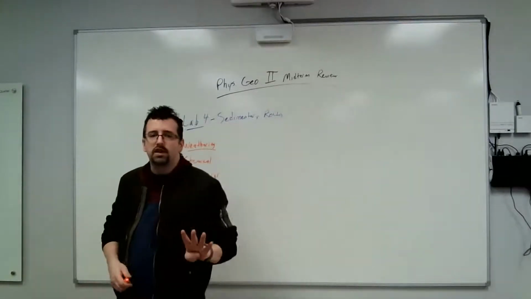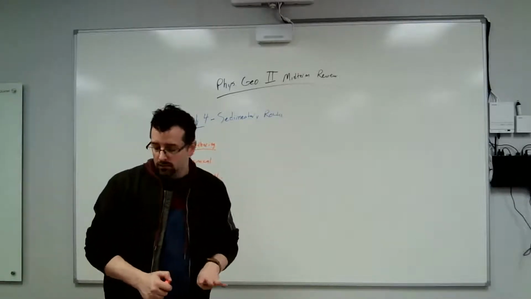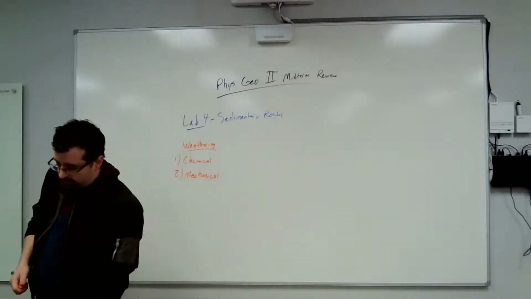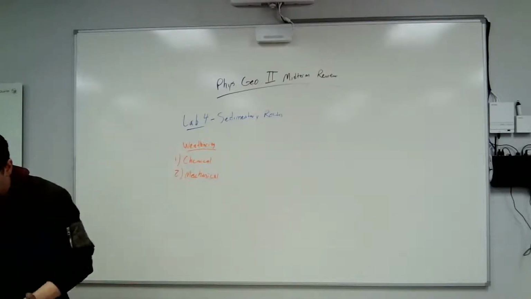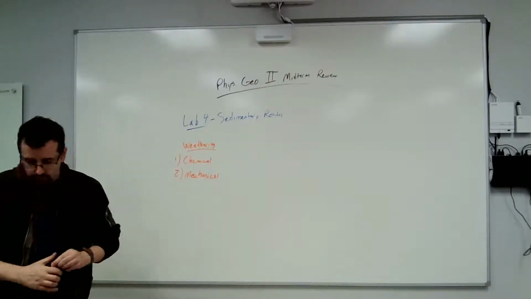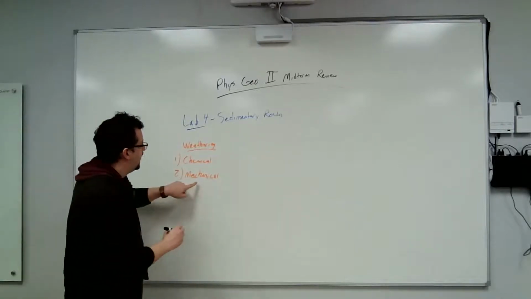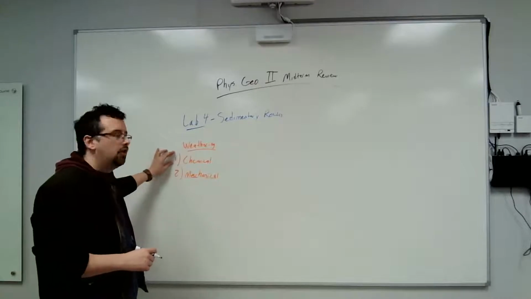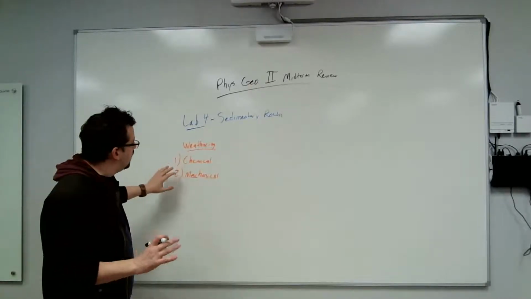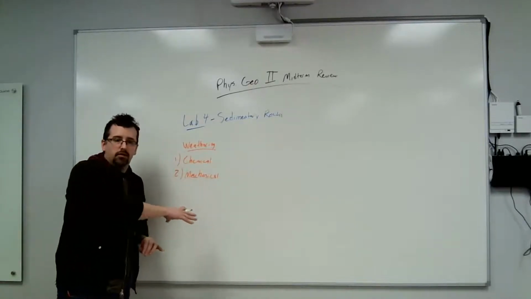So there are four different sizes of clast, okay? And I'm going to list these clasts. We're talking about mechanical here, and we'll come back to chemical. We don't have as much to say there.